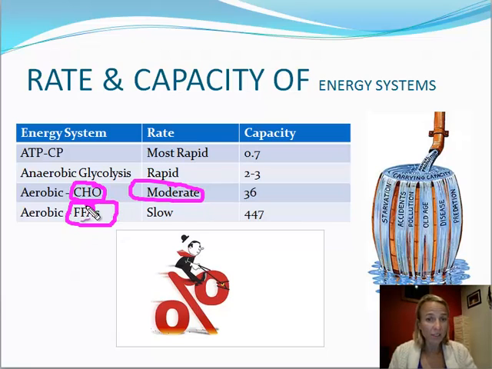Once we run out of these carbohydrates, we are forced to use our fats to produce the energy, which is much slower. So this is why athletes for extended endurance events carbohydrate load, so we can get a faster rate.